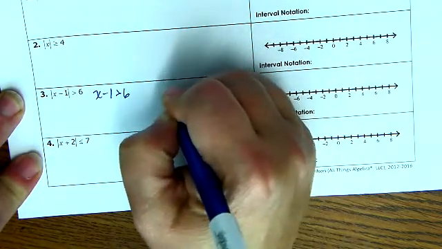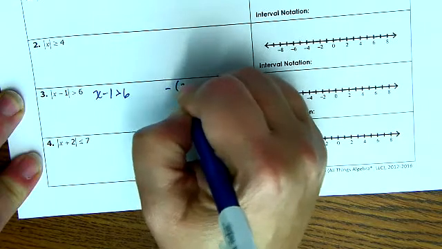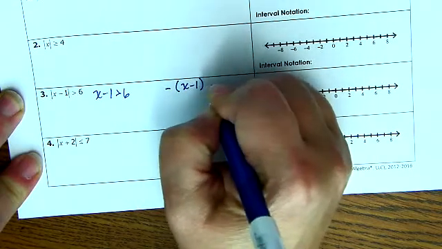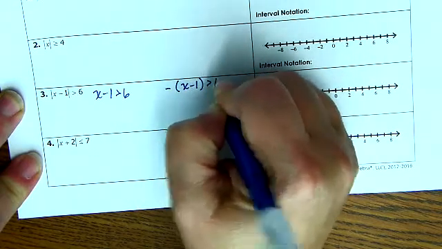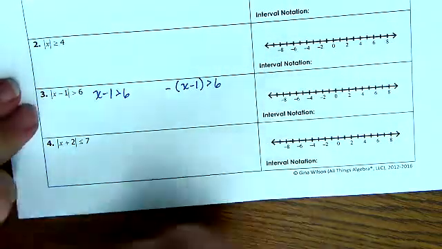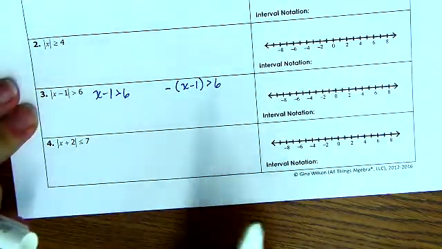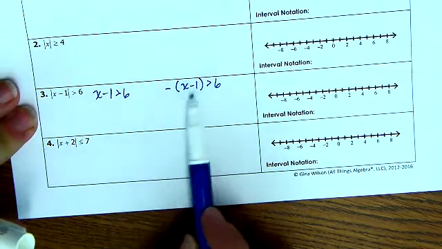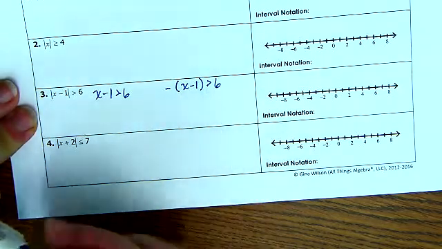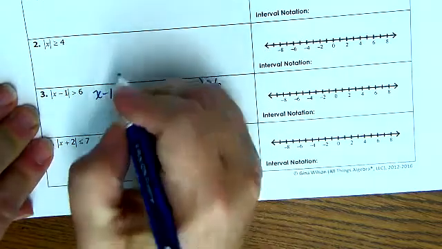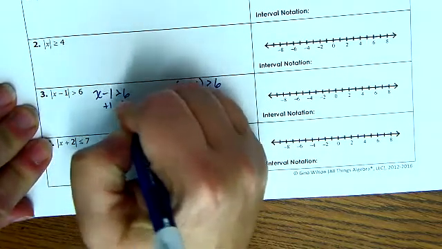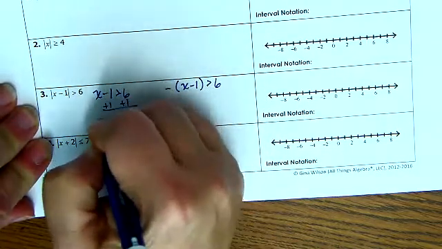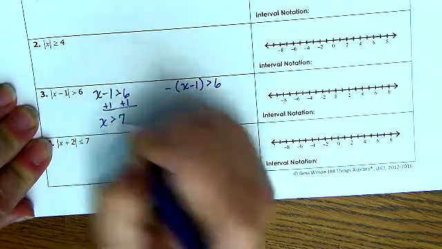But then I've also got negative x minus 1 is greater than 6. Now, you're going to be like, wait a minute, what are you doing? Remember, we had a positive scenario and a negative scenario. I'm going to work one of these at a time. So I'm going to add 1 to both sides here, and I get x is greater than 7.